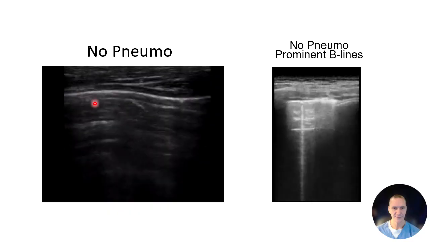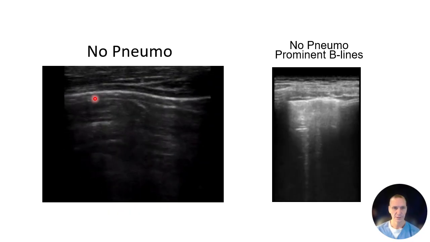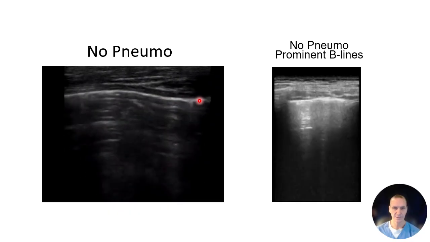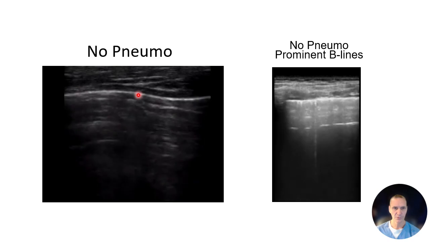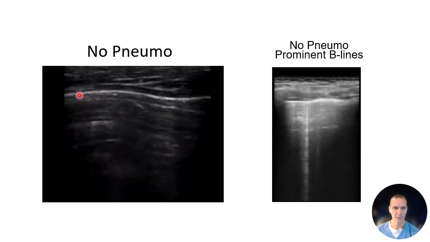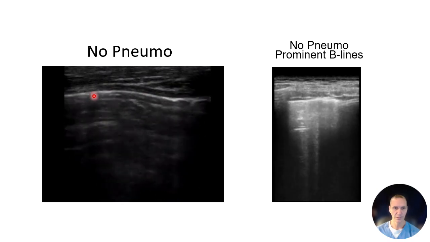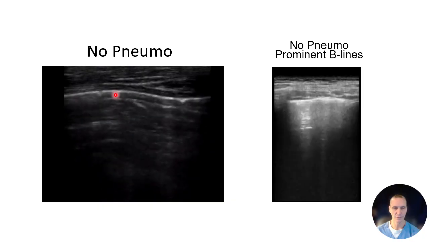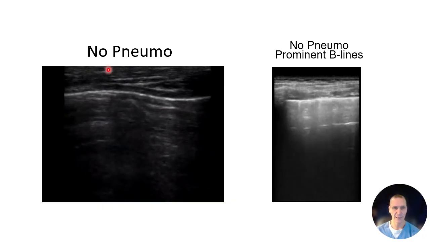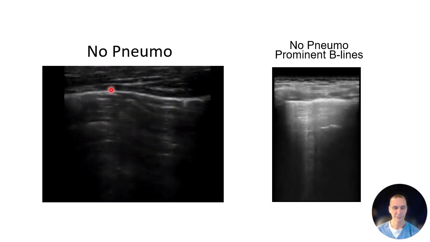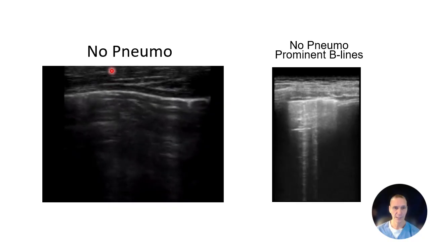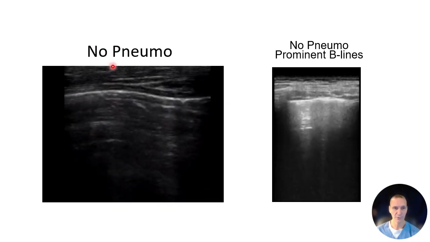You can kind of see them here. So those are comet tails or B lines. And then also the lines running this way are termed A lines. What these actually are is sound waves coming down, reflecting, going back, hitting the probe.